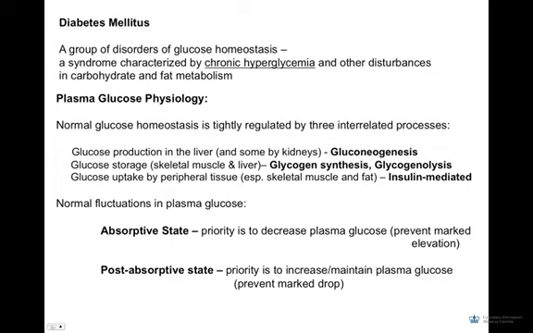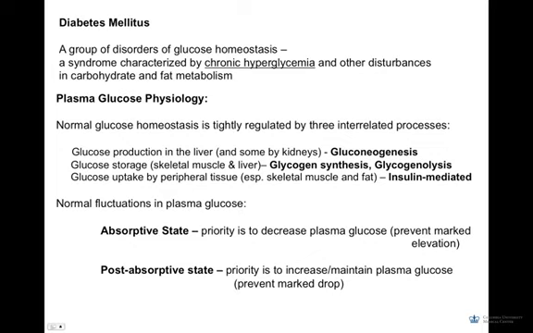Glucose is also stored intracellularly, and it's stored in the form of glycogen. The primary places where we see stored glycogen in significant amounts is in skeletal muscle, and primarily that glycogen is for energy to drive skeletal muscle contraction. So the skeletal muscle has its own supply of glycogen to support its own contraction.